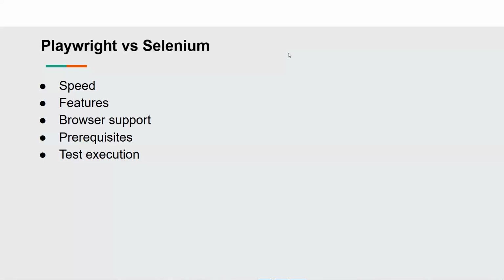There is a feature called trace, wherein if you want to analyze a failure, it gives complete detail of what exactly is happening. When I demo it, I'll show you. It also provides a toolset wherein you can record and play the code. So there are many features inbuilt in Playwright which you do not get with Selenium.